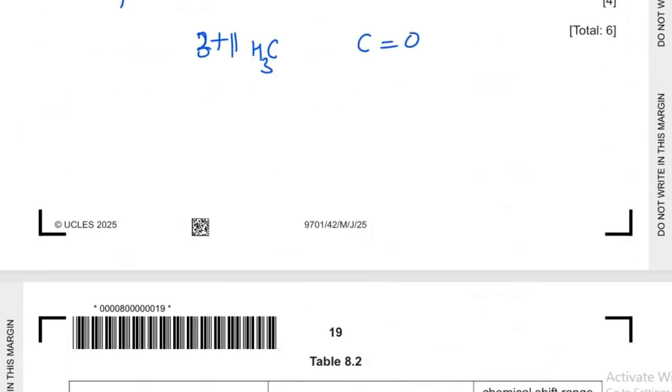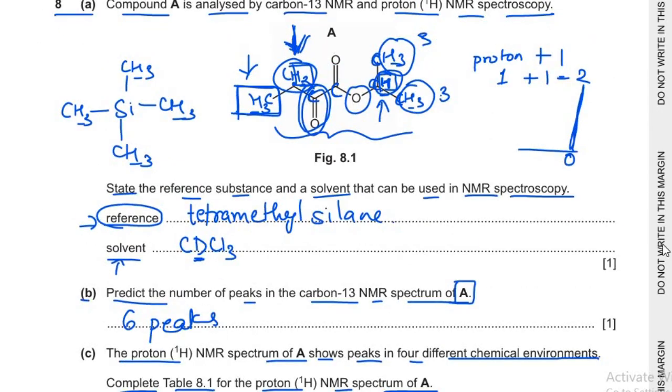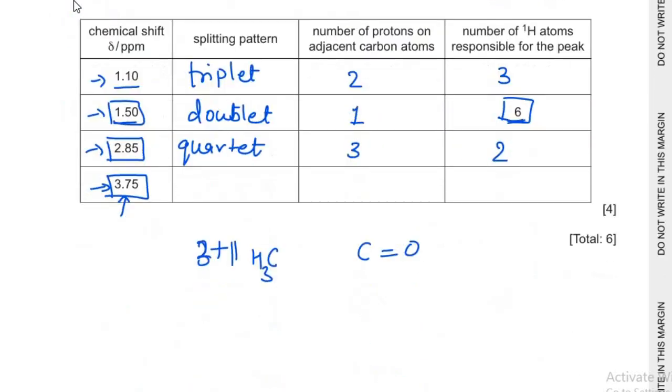We have already seen that in this CH. Let me rewrite here CH. This CH group has the carbon directly bonded to O, right? So this is the only one proton responsible for this peak, but adjacent to it are 6 protons.